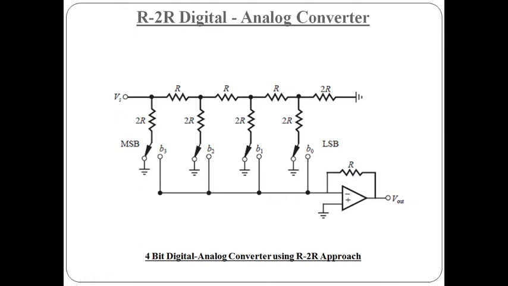Suppose all these switches are connected to the ground. Then the binary input supplied to this converter is 0 0 0 0, because all the switches are connected to the ground. When a switch is connected to the circuit, the value of that bit is 1.